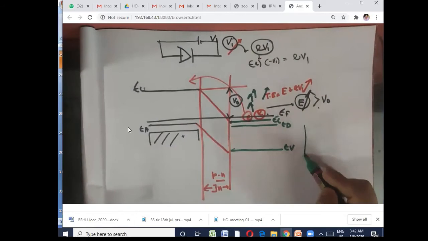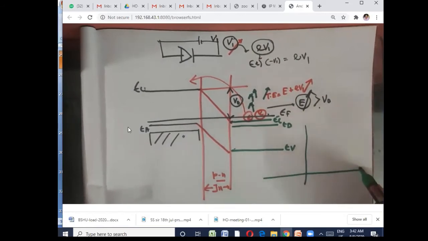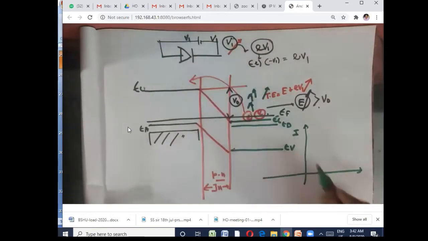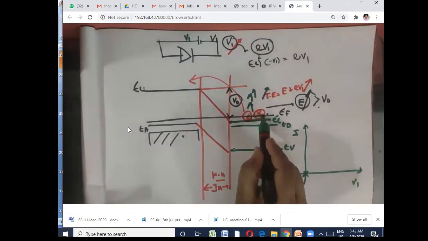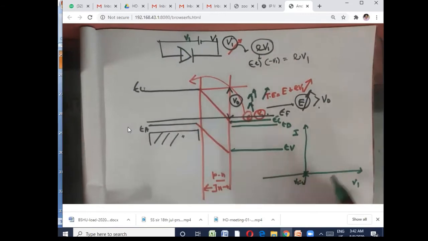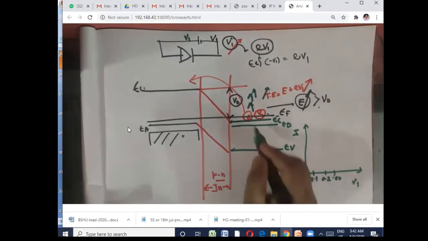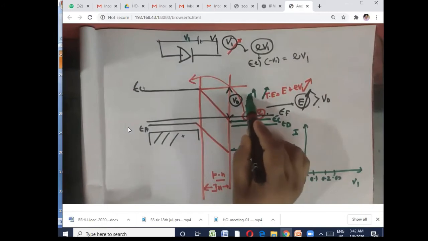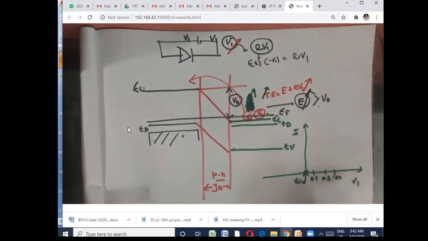Now try to plot the current through this diode against this voltage V1. Initially, for V1 equal to 0, you get nothing because the electron does not have enough energy. If you keep increasing the voltage from 0.1 to 0.2 to 0.3, you are helping the electron move energetically up and up across the junction.